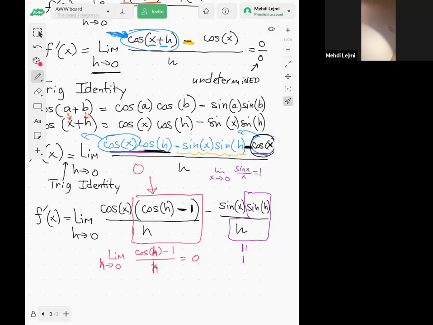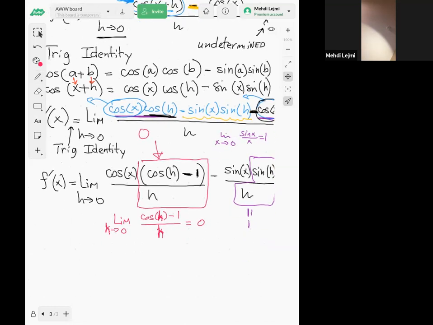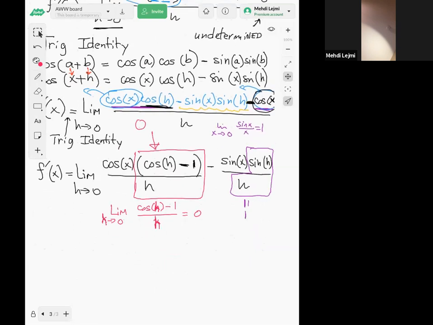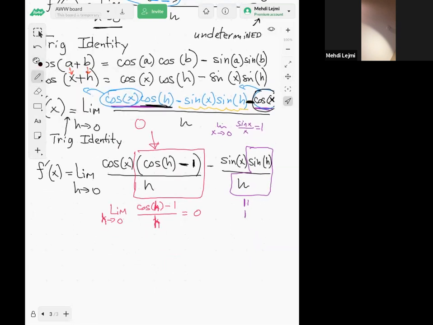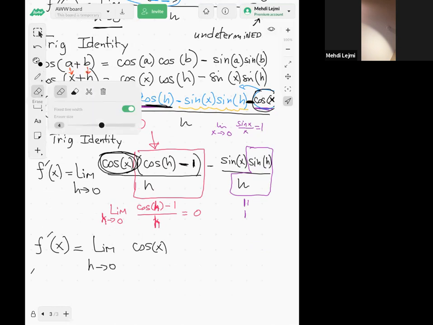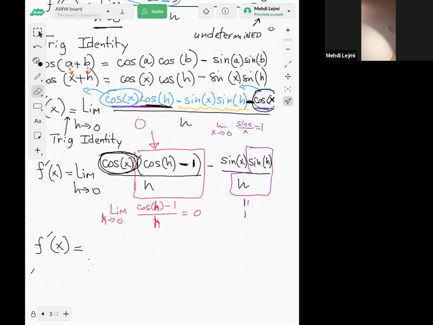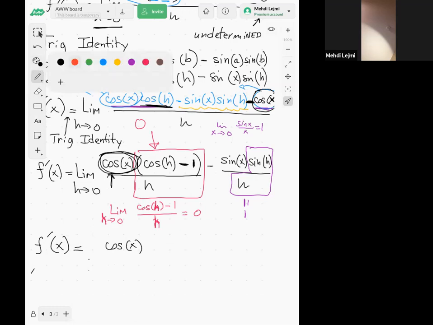So what will be now f prime of x? Now f prime of x is going to be, well, h going to 0, we have cosine of x. Actually, I don't need the limit, so it's just cosine of x, times the red box here.